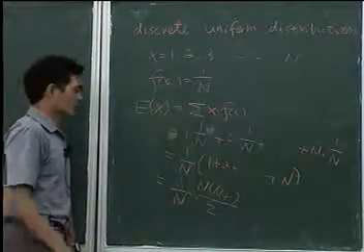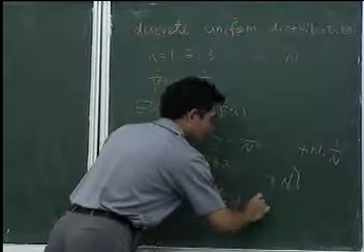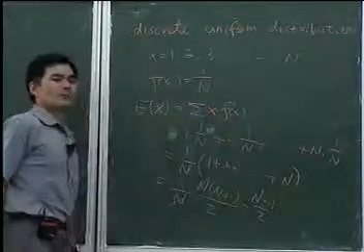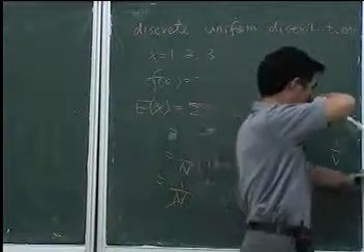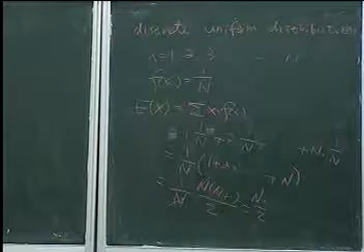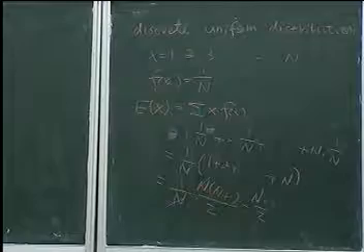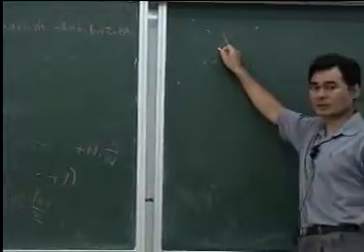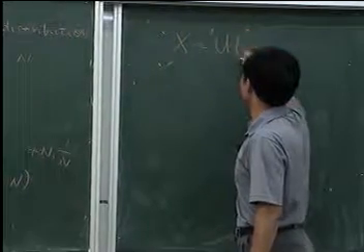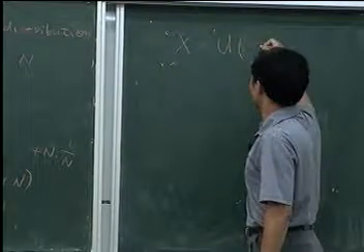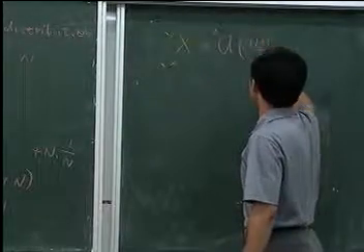So in this case, the mean is equal to n plus 1 divided by 2. So if we know this random variable has a uniform distribution, then we know the mean is equal to n plus 1 divided by 2.